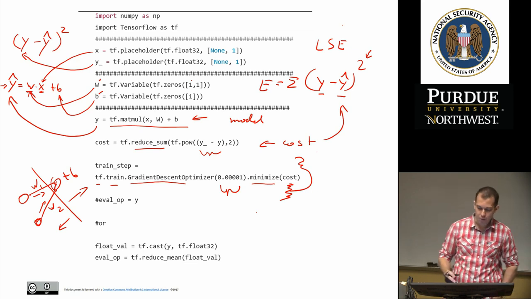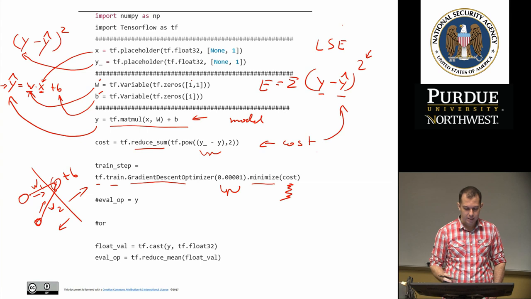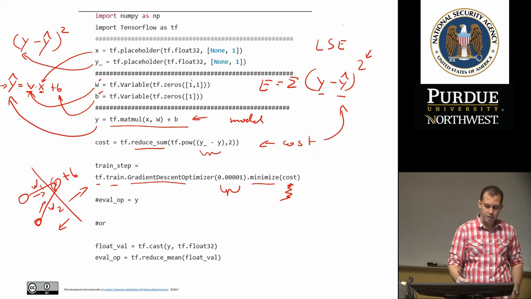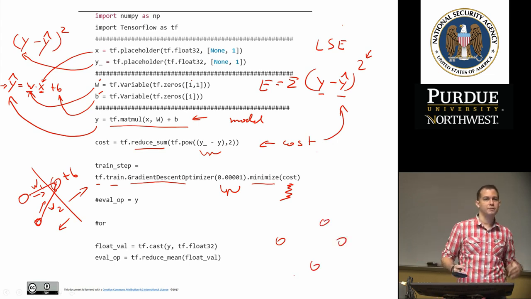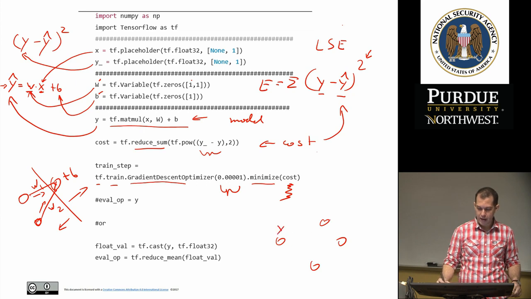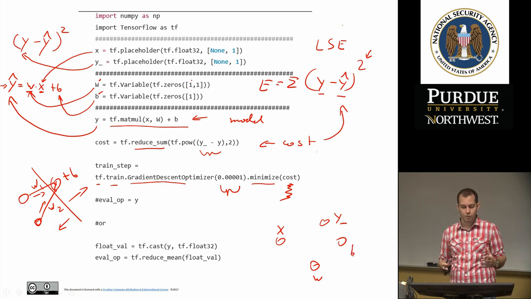Now, one other important point I want to make here is that because in this code we are building a graph, what we are doing is we are defining all of these different nodes. So we're defining different nodes of the graph. For instance, initially we define a node called x and a node called y underscore, then we define another node called w, and then we define another node bias, but they were kind of all over the place.